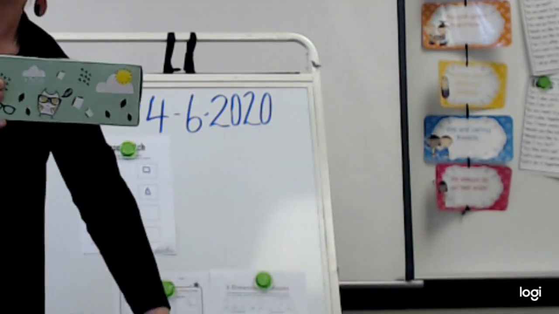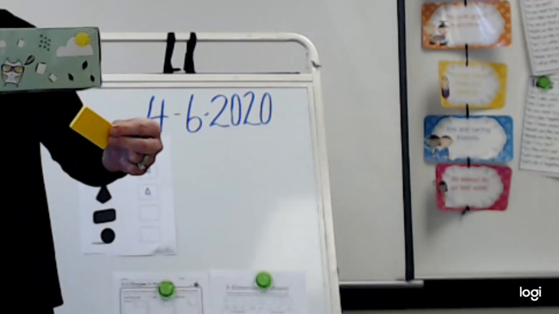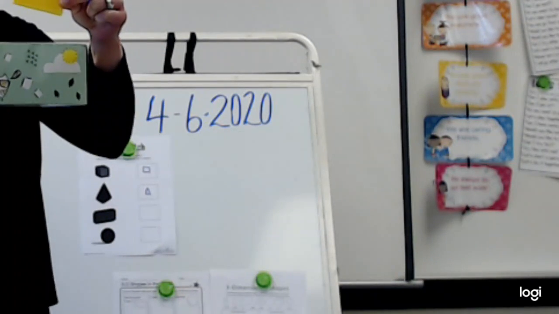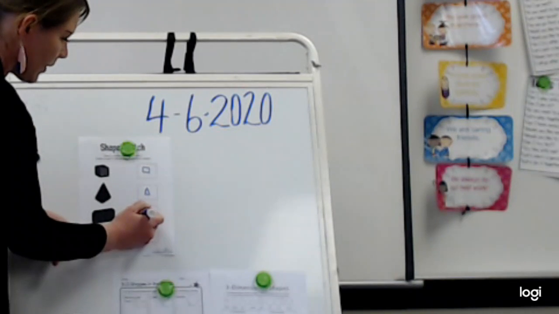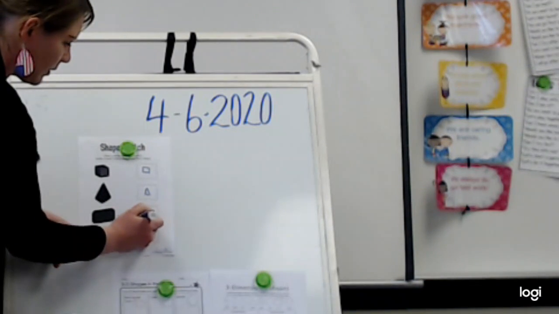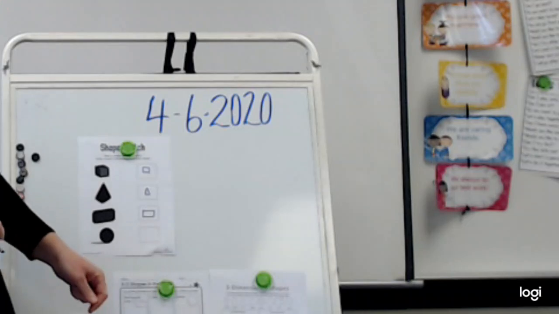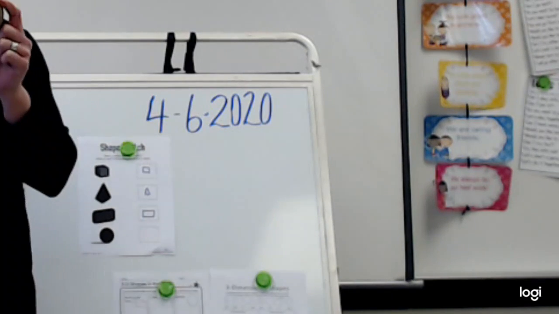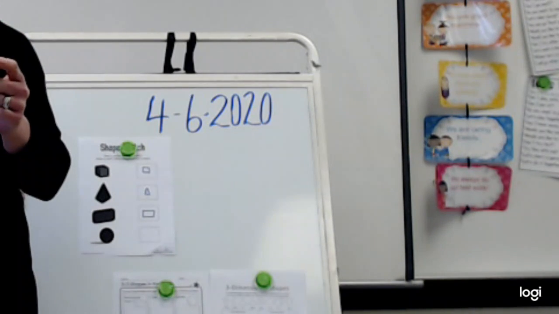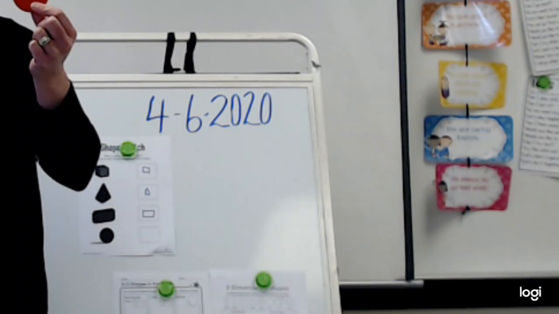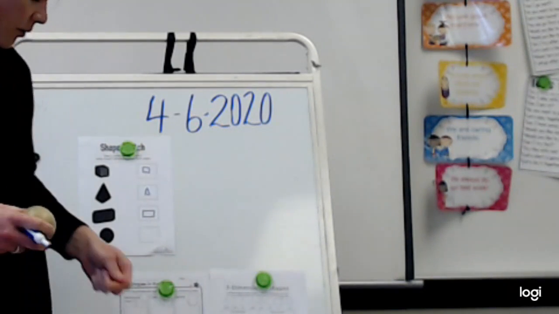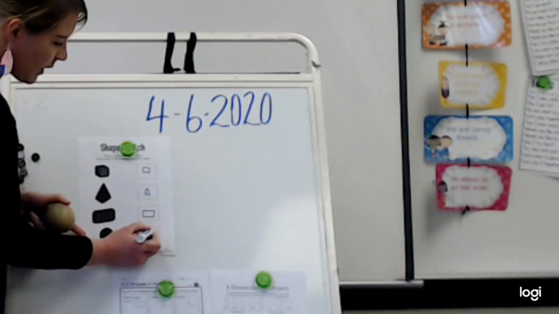And the flat shape, the 2D shape that goes with it, is the rectangle. So we're going to draw a rectangle in the box. And our last picture is of a sphere. And what is the flat shape that goes with the sphere? It is the circle. And so we're going to make a circle in the box.